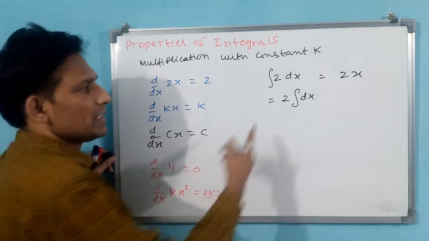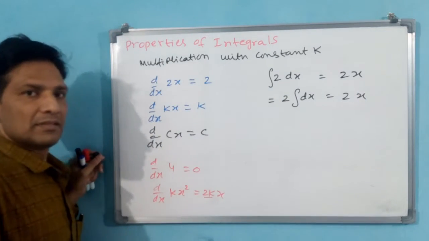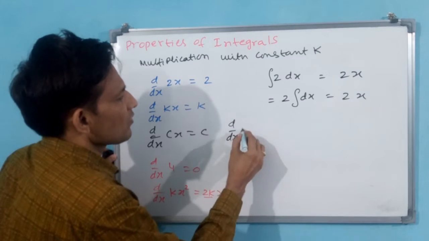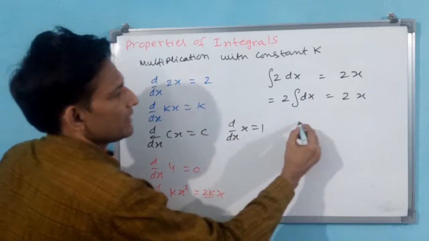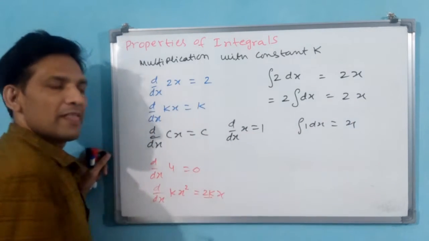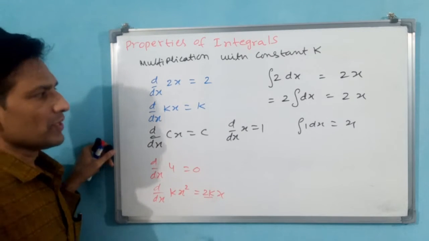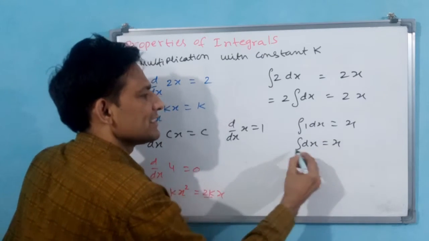Constant you have to take out. Then integral dx is equal to x. How has x come? You see here, d by dx of x is equal to 1. Then integral 1 dx is equal to x has to come. Integral 1 dx or integral dx, both are same.